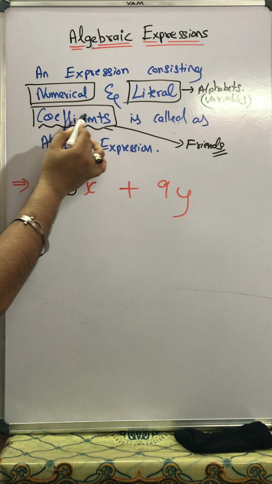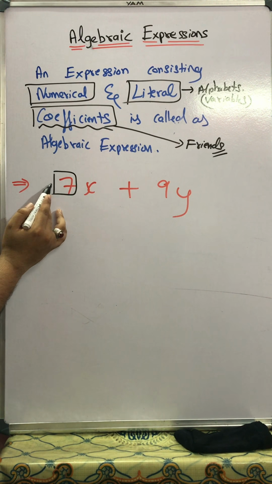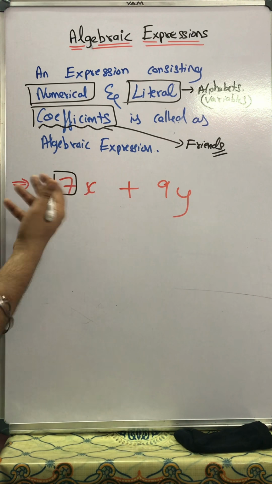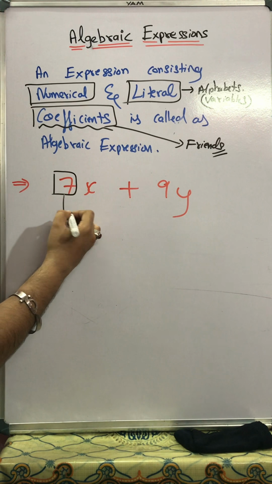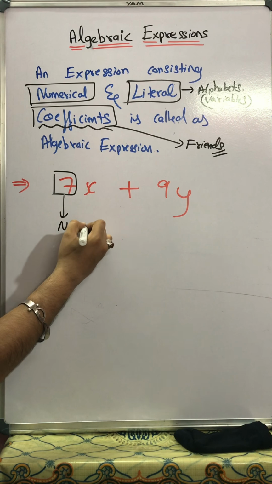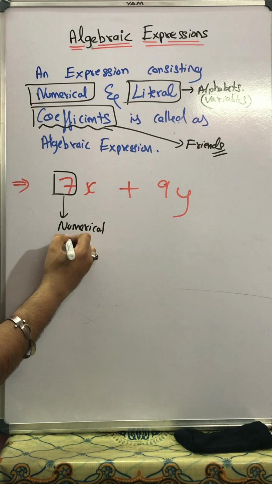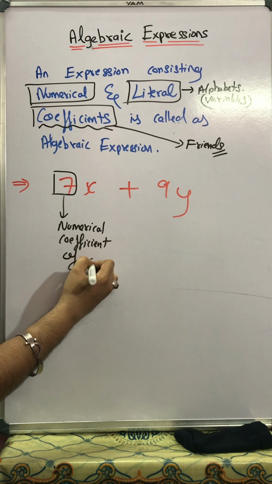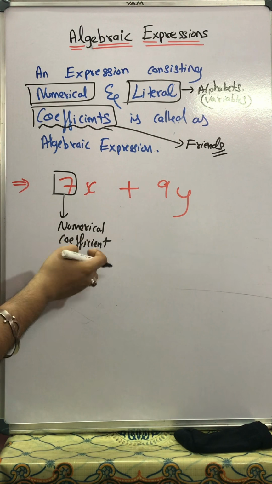Coefficient's other name is friend. But which coefficient? Numerical coefficient. So 7 is the numerical coefficient of x. Numerical friend of x.